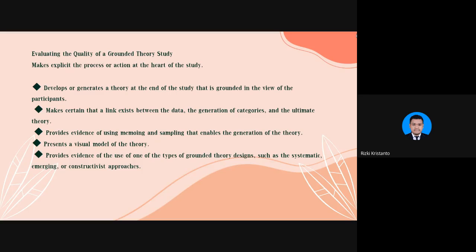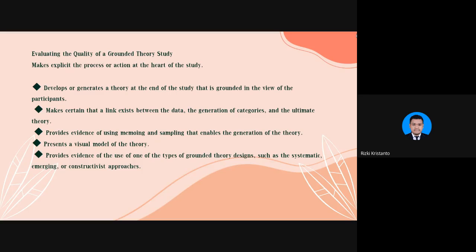The first one is that it develops or generates a theory at the end of the study that is grounded in the view of the participants. Second, make certain that a link exists between the data, the generation of categories, and the ultimate theory.